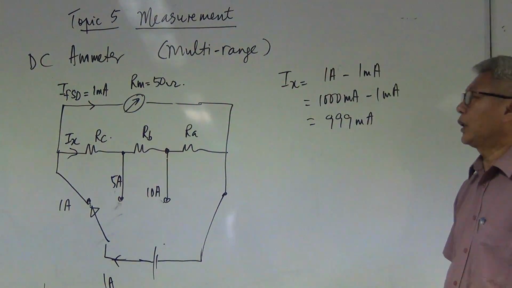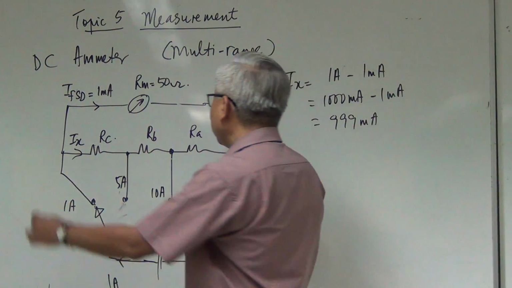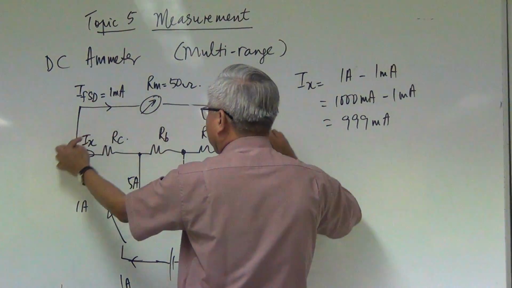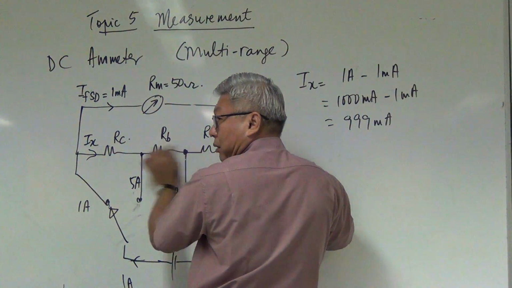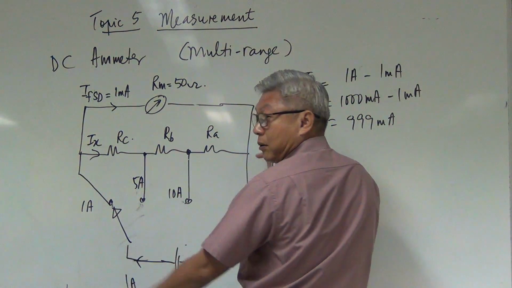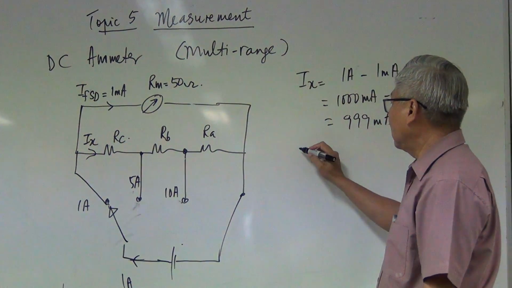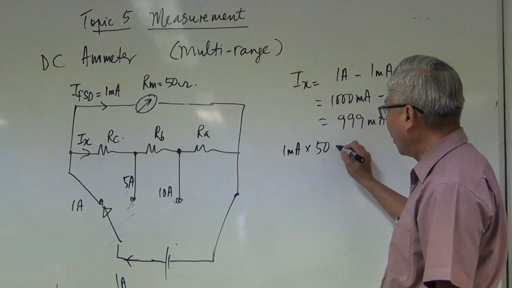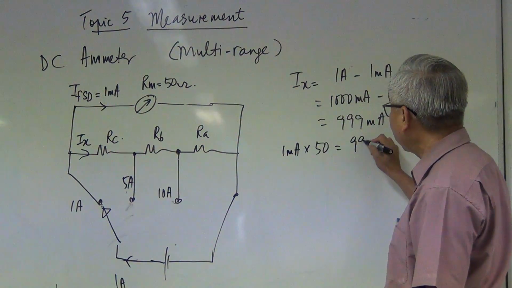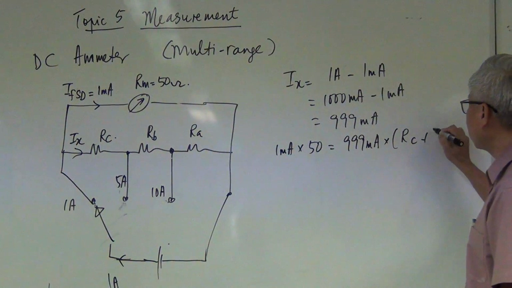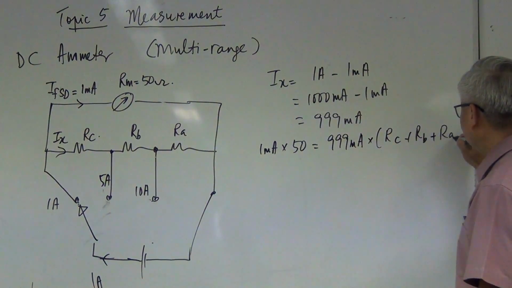Got it? Okay. Now, this is a parallel circuit here, so I times R should be the same as I times the 3 resistors, because Ix will pass through these 3 and come down. So 1 milliamp multiplied by the 50 ohm should be equal to 999 milliamp multiplied by the 3 resistors RC plus RB plus RA.